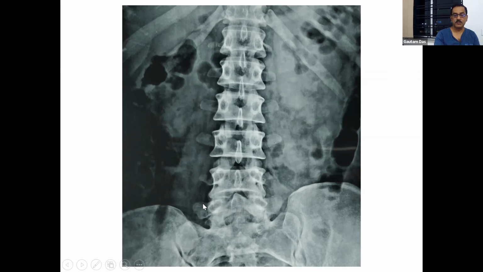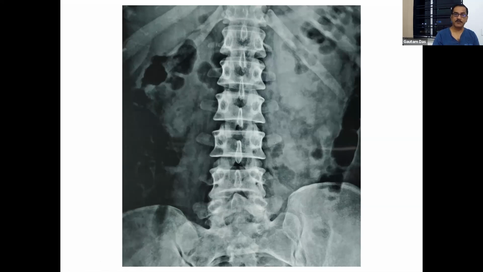Why? Because normally, if you join these two iliac crests, the line should go along the L4-5 level. That means most likely this is your L5, this is your L4, then L3, L2, L1, and most likely this is your T12. But finally, you have to remember it is very difficult to comment whether this is really T12 or not, and for that we need to count from cervical one. Same when you are looking at the MRI.